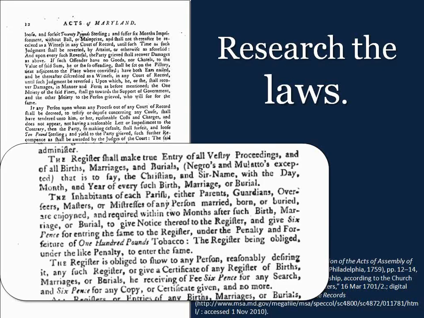Once you know that law and understand that that was the law during almost the entire colonial period after the Glorious Revolution in England, so you're looking at about a 100-year period, you find people who did not belong to a church. You find their vital events recorded in that church's registers. Again, this is just, to me, a perfect example of why you have to understand the laws that were in effect when your ancestors were alive.